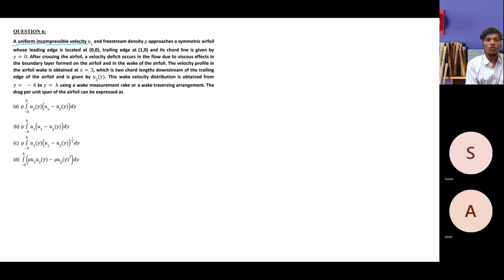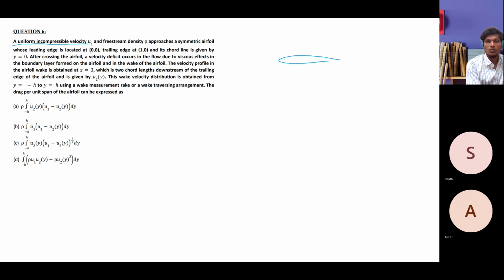So in uniform incompressible velocity u1, let me read the question. And free stream density rho approaches a symmetric aerofoil whose leading edge is located at (0, 0) and trailing edge at (1, 0). And its chord line is given by the equation y equals 0. So just let me represent the information we have so far.